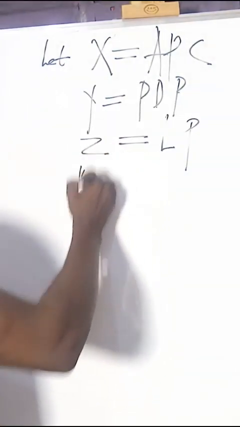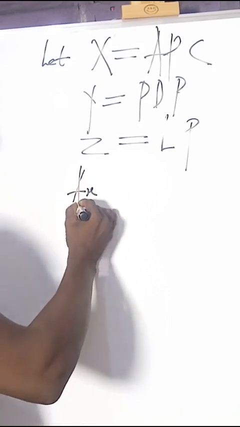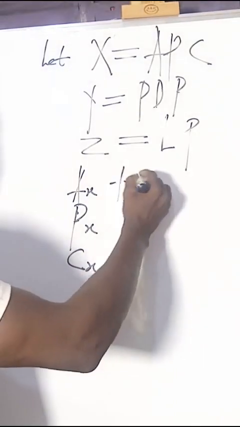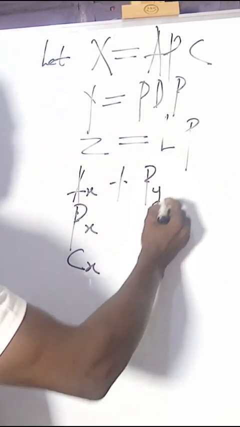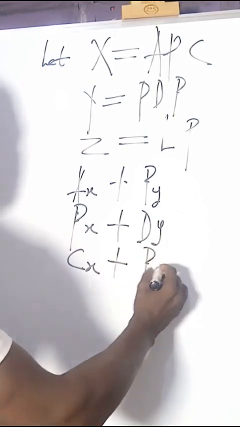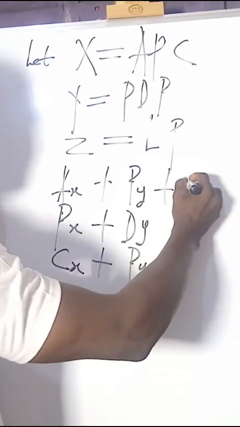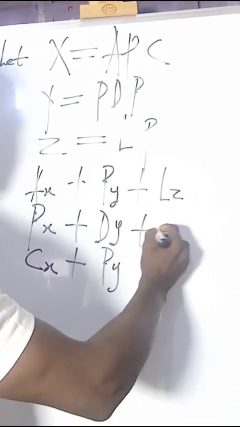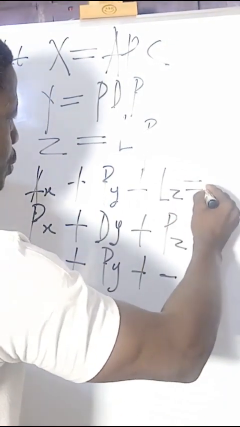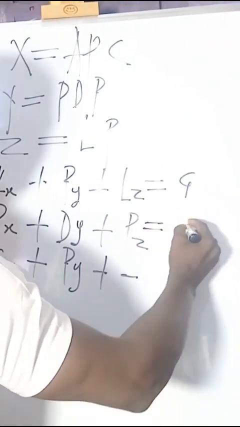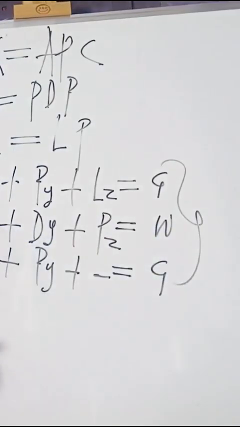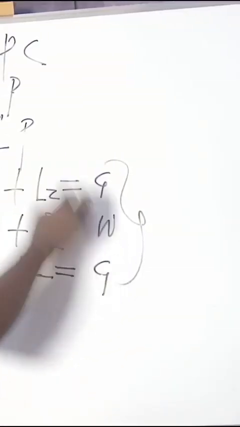So in this we have AX, PX, CX plus PY plus DY plus PY plus LZ plus PZ plus dash, and that is equal to G, W, G, which represents Nigeria, the green, white, green flag.